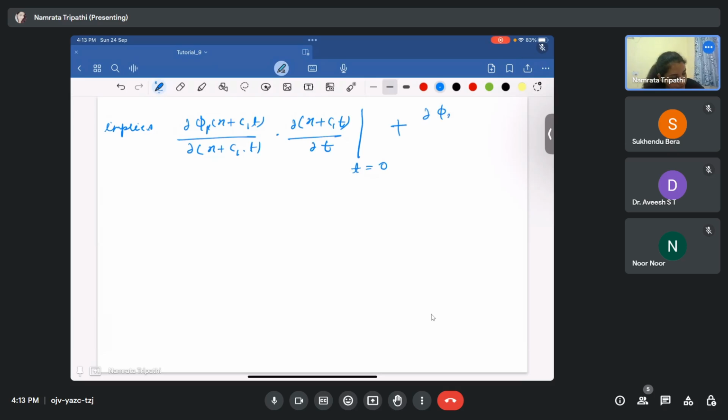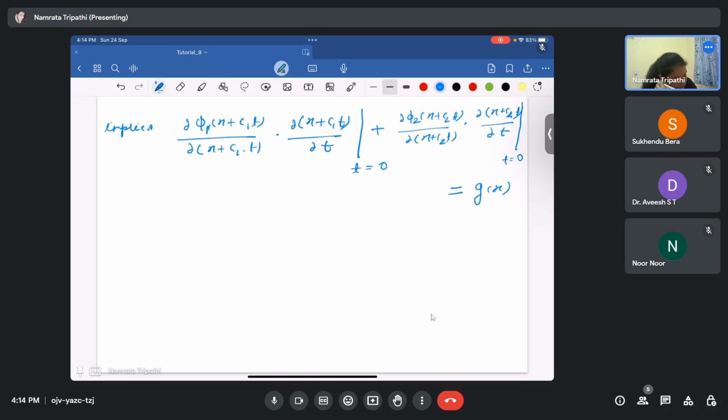And second, phi 2 of x plus c2t with respect to x plus c2t, into the derivative with respect to t, and after evaluating you have to substitute t equals 0, and the value of ut x comma 0 is g of x. Are you getting it?